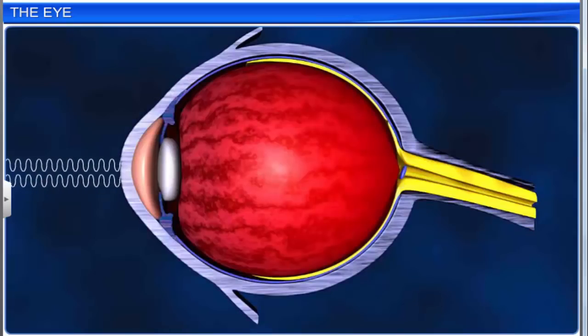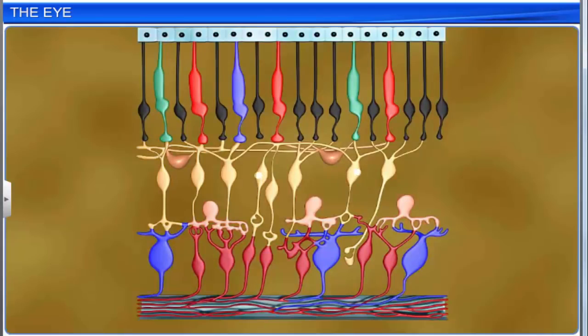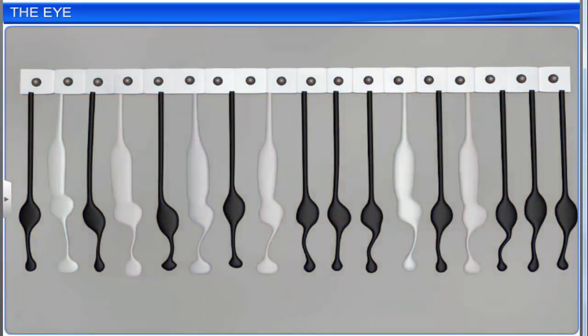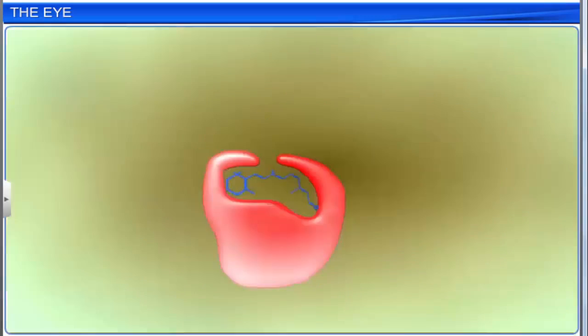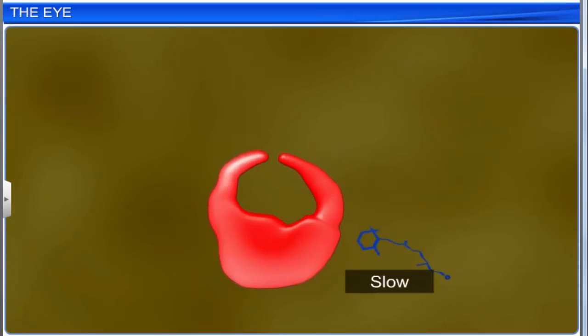The light rays in the visible wavelength focus on the retina to generate impulses in the rods and cones. The photopigments of the photoreceptors in the human eye are composed of opsin and retinal. Light dissociates retinal from opsin, which results in changing the structure of opsin.